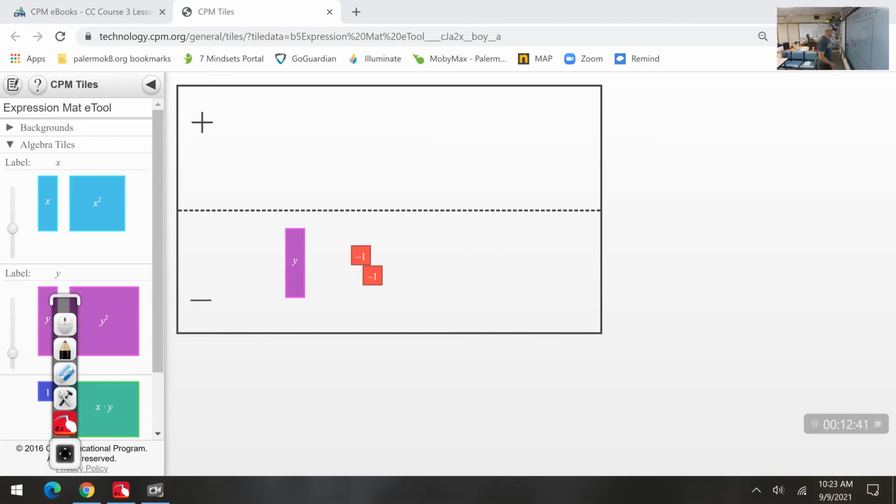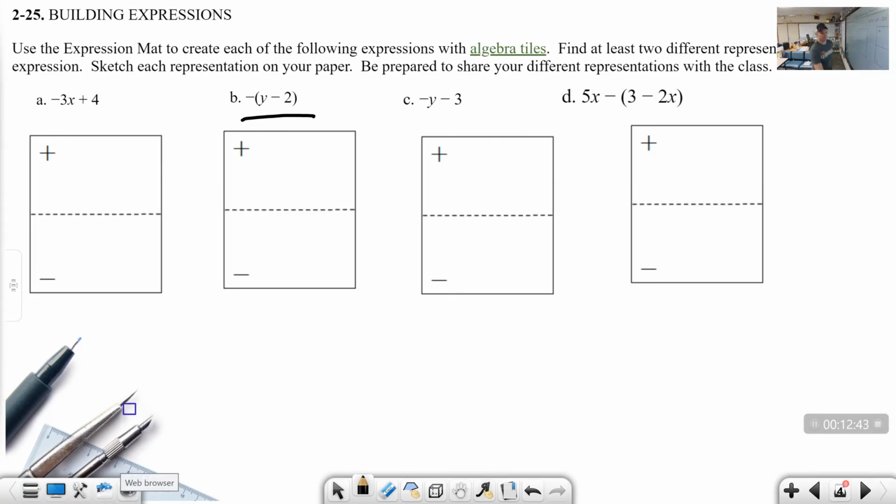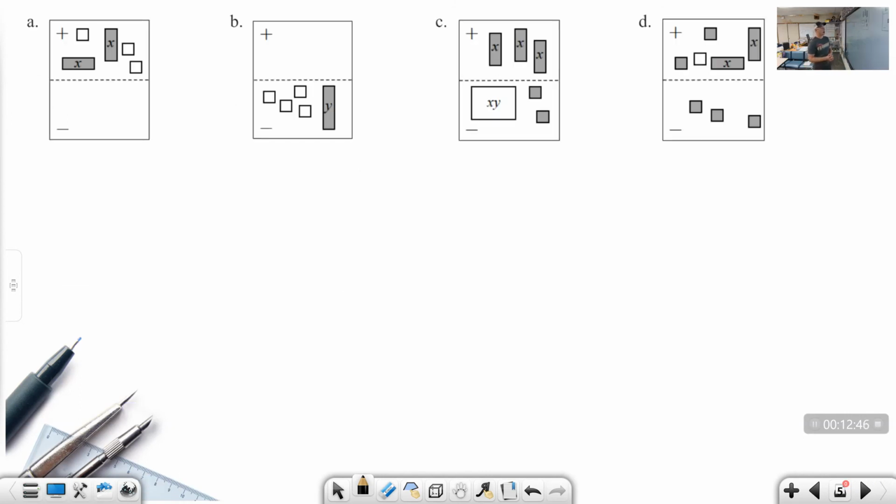All right, let's go ahead and do our last problem. Our last problem is reversing our thinking, okay? Before I gave you the expression and you drew it. Now we're going to take the drawing and we're going to write the expression. So when I look at this, I see positive region only.